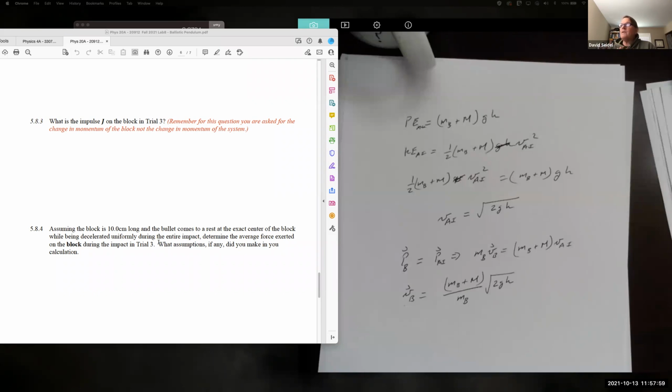Determine the average force exerted on the block during the impact in trial 3. What assumptions, if any, did you make in your calculation?